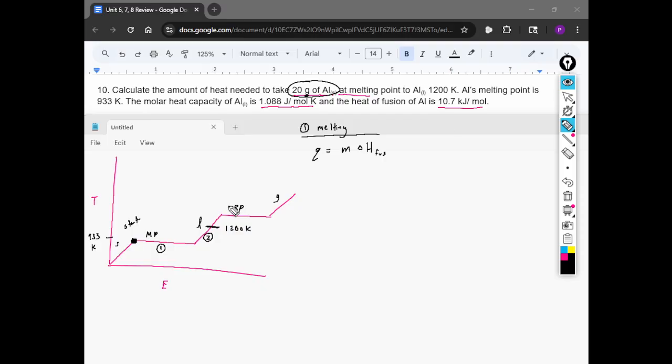And so the first thing we actually need to do is convert our 20 grams of aluminum into moles so that we can use this conversion factor right here. I think I mentioned it while we were learning it, but just be very careful about the units of measurement. Sometimes they'll give it in grams, sometimes they'll give it in moles, and so you just need to be very careful with the conversion. So, real easy. 20 grams of aluminum, if you look on the periodic table, is 13, right? No, 26. 26 grams per mole.